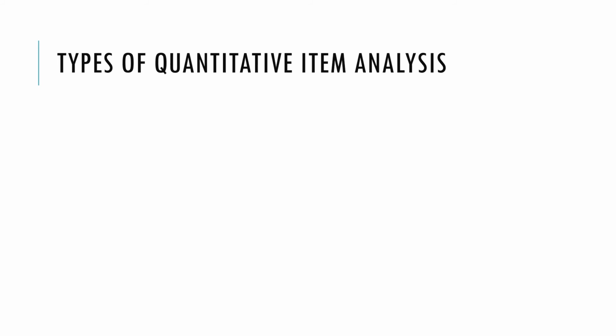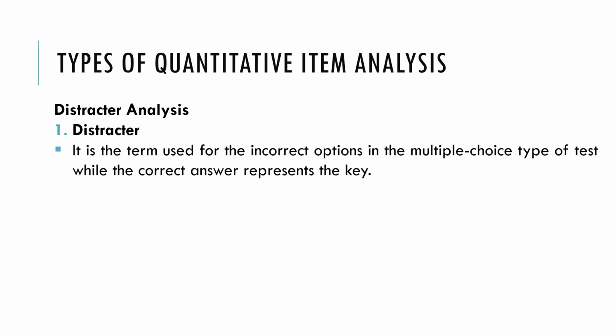Next is we are to analyze our distractors because these are also important before we proceed to different examples. Malapit na tayo sa example. So distractor is the term used for the incorrect options in a multiple choice type of test where the correct answer represents the key. So again, ang distractor yun yung mga maling sagot or maling options, no?